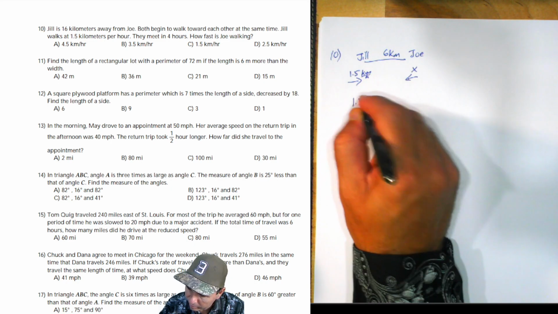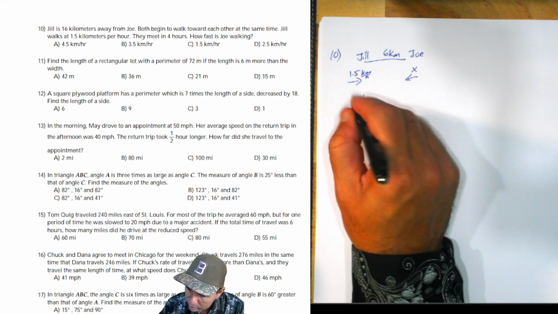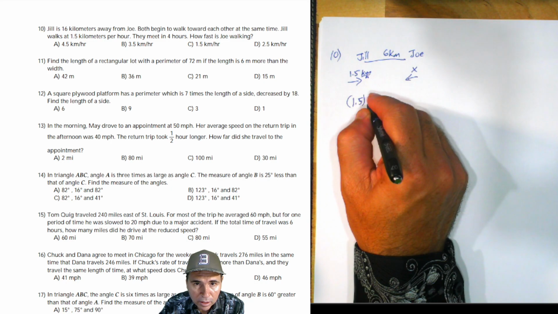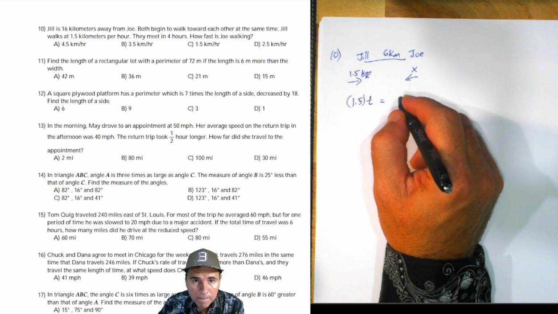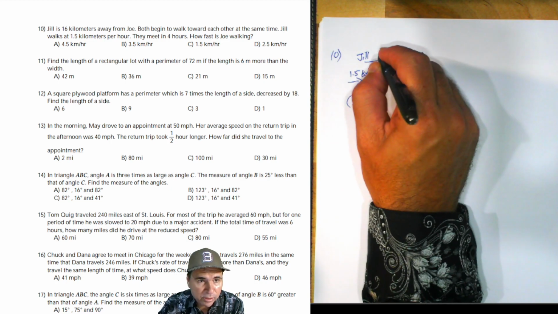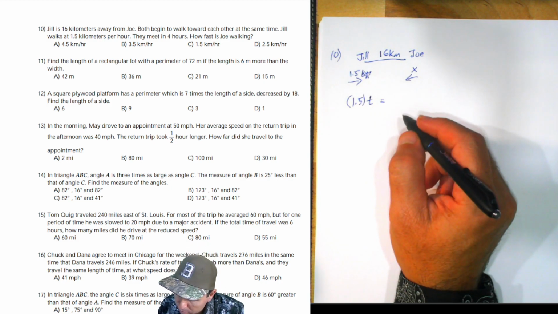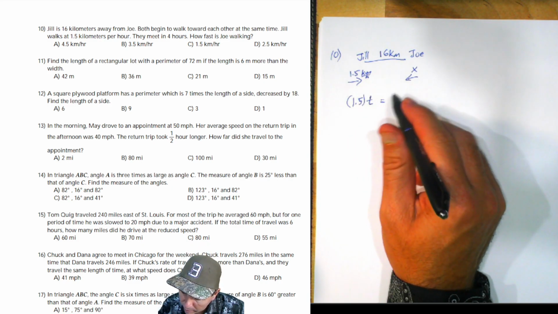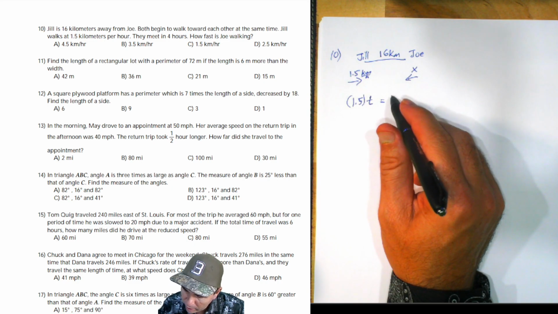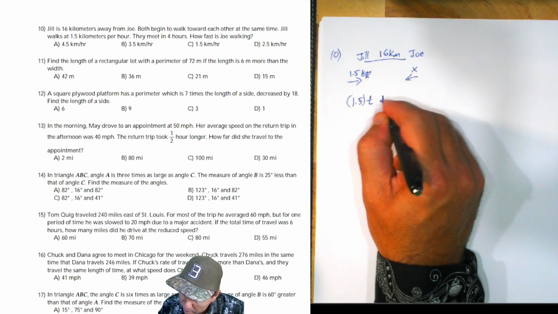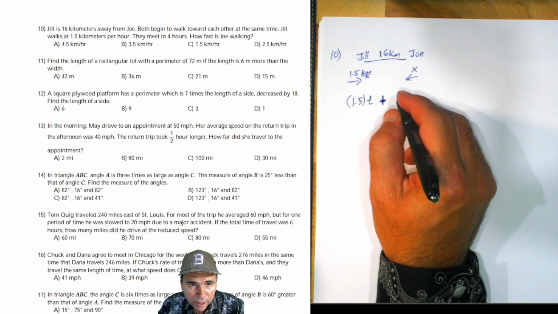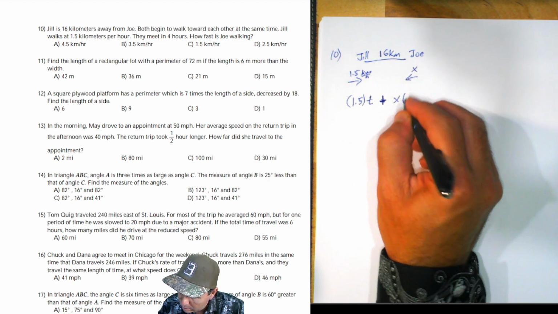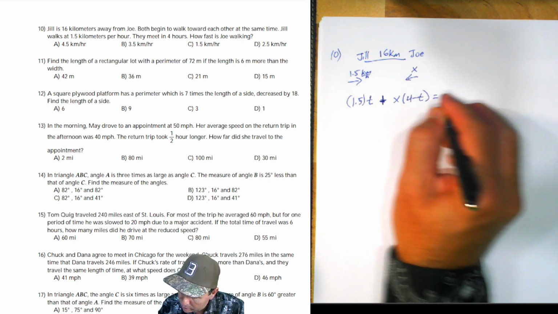So we know that 1.5 times t is equal to, oh, they're 16 kilometers away, excuse me. Okay, 1.5t plus x times 4 minus t has to equal 16.